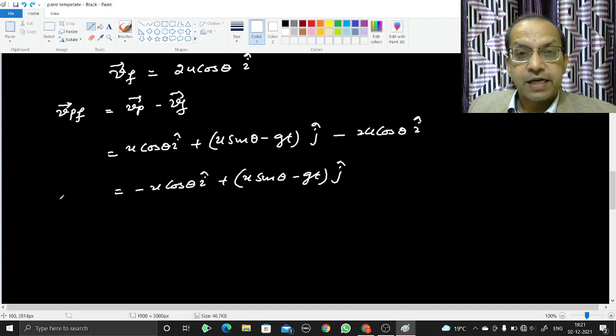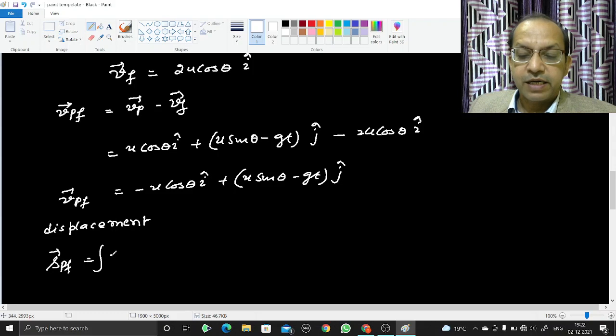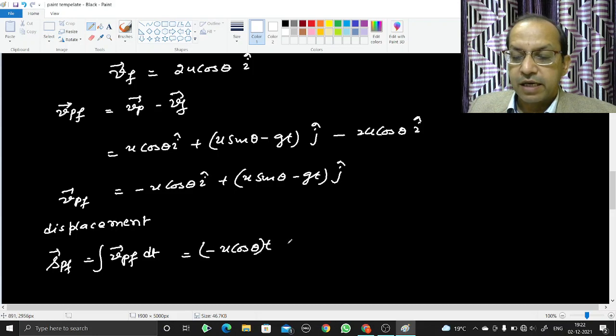To find the trajectory, we have to find the displacement vector. The displacement vector spf can be obtained by integrating vpf dt. It becomes minus u cos theta t i cap plus u sin theta t minus half g t square j cap, because the integration of t is t square by 2.